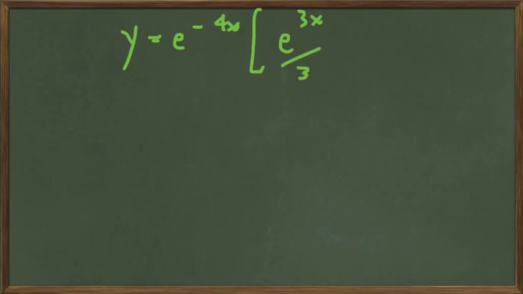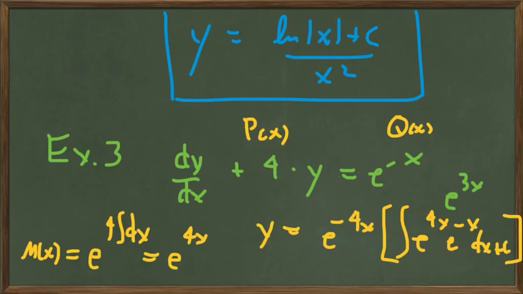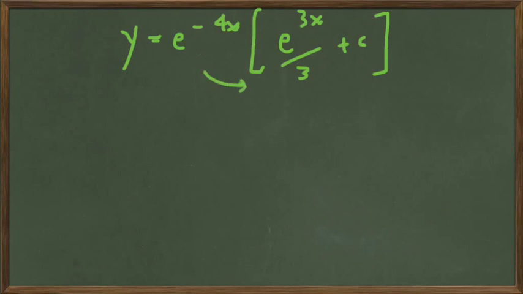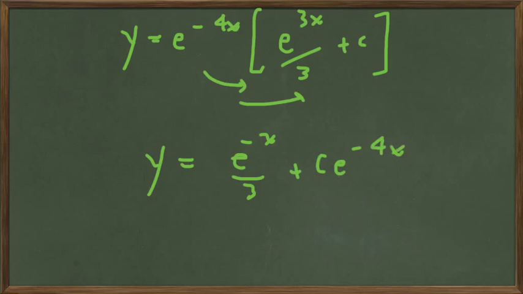So we get y equals e to the minus 4x. We're integrating e to the 3x, which is e to the 3x over 3 plus c, and then we distribute the e to the minus 4x across and get e to the minus x over 3 plus c e to the minus 4x. And there we have our solution.